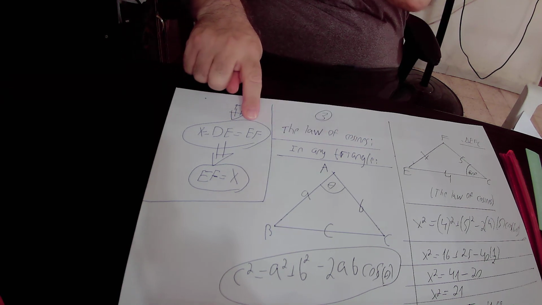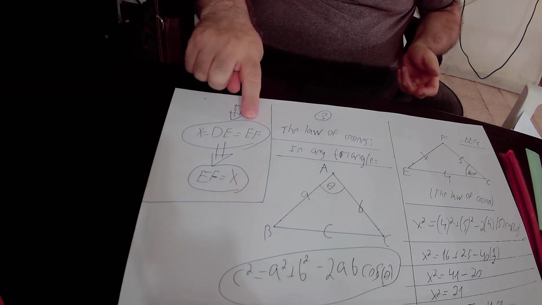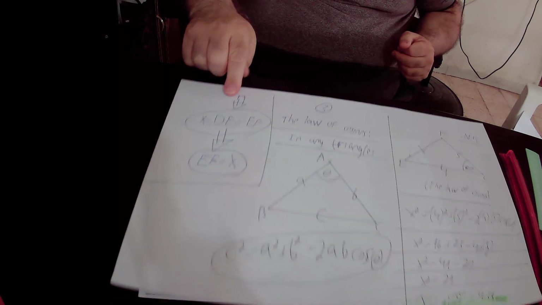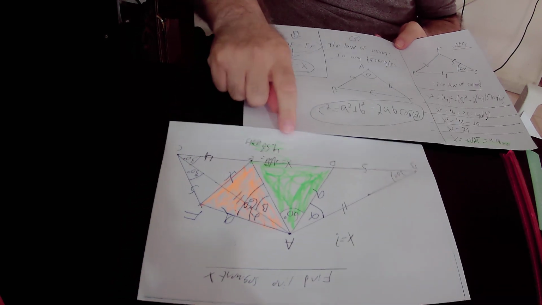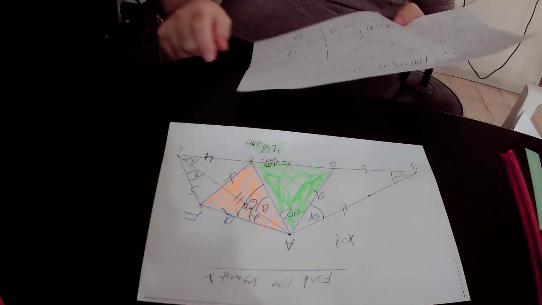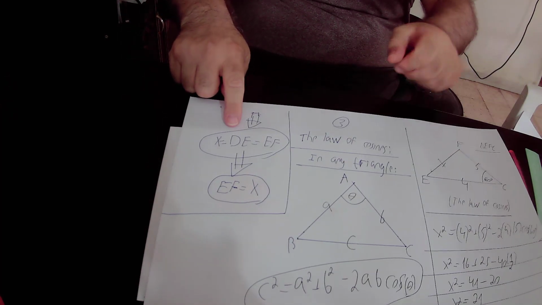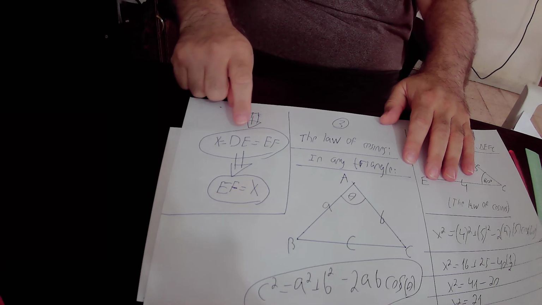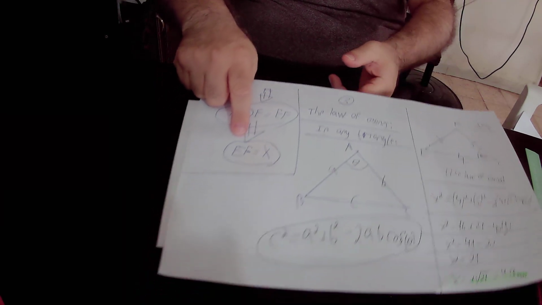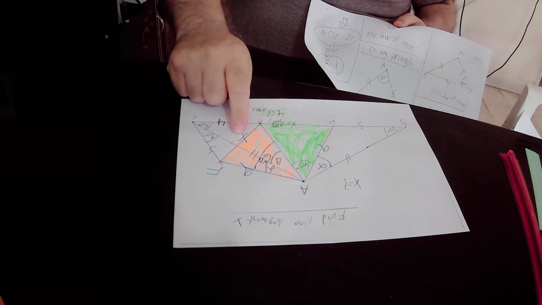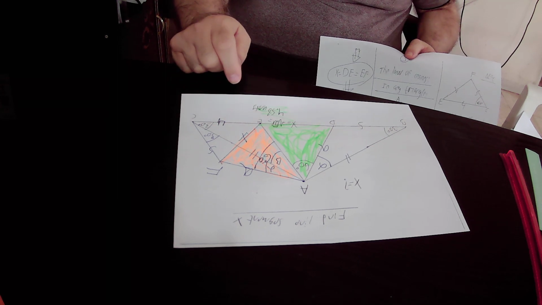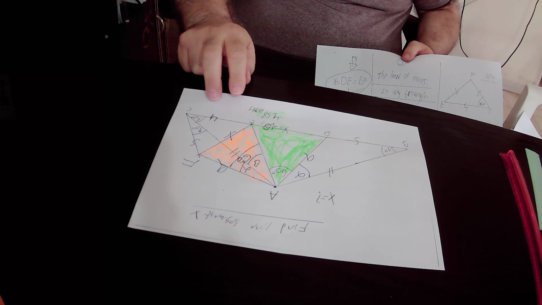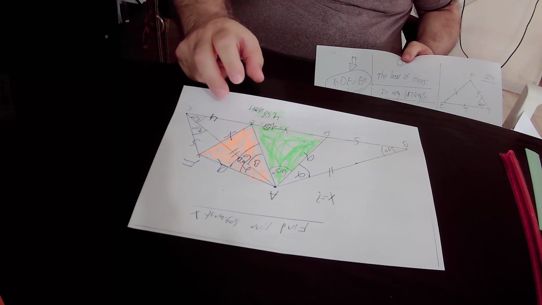DE equals EF according to the rule that corresponding sides in congruent triangles are equal to each other. But according to what is given, DE equals x. So we can write that DE equals x, and from the equation x equals DE equals EF, we derive that EF is also equal to x. EF equals x.